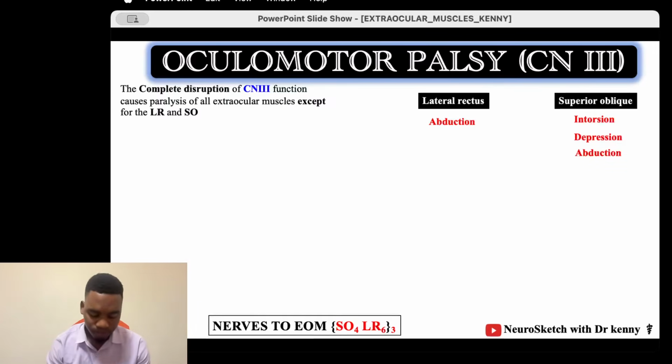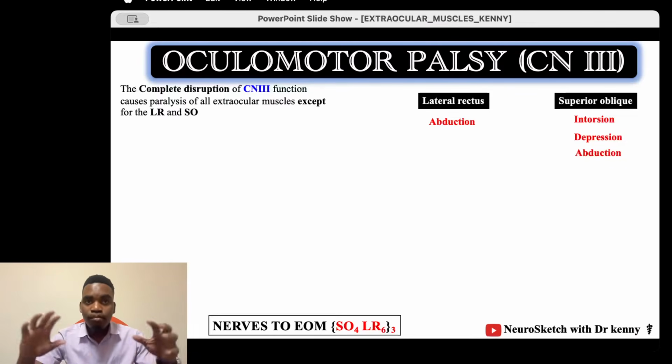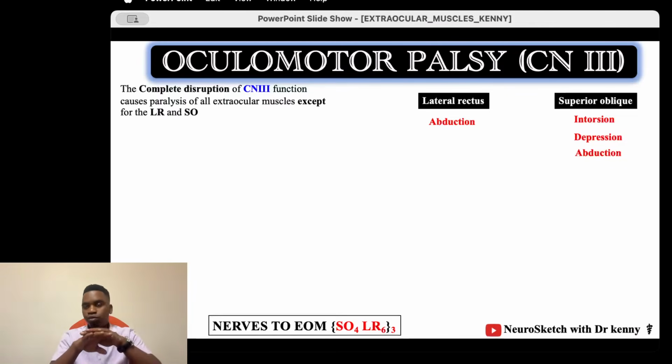It means that all the muscles in a primary gaze, when your eyes are at ease, work together to maintain the natural position of your eyes. Under the natural position of your eyes, all the extraocular muscles are involved.